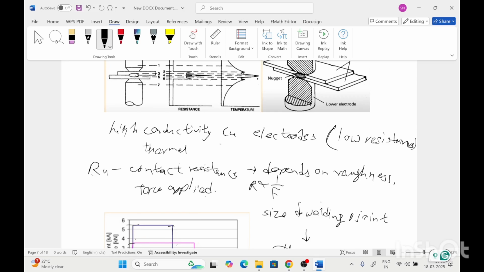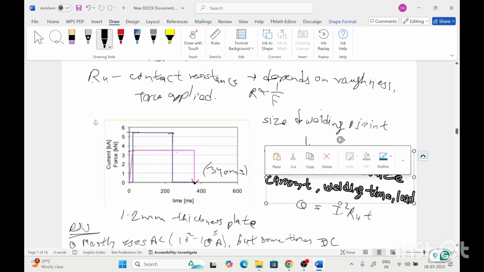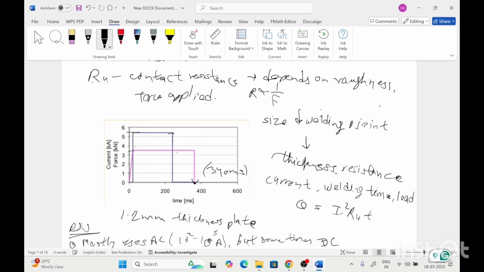Means for low force applied, the resistance will be high and the heat generation will also be higher in that case. And next, the size of the welding joint also depends on the thickness of the two plates and the resistance between the two plates, current, welding time, and load.